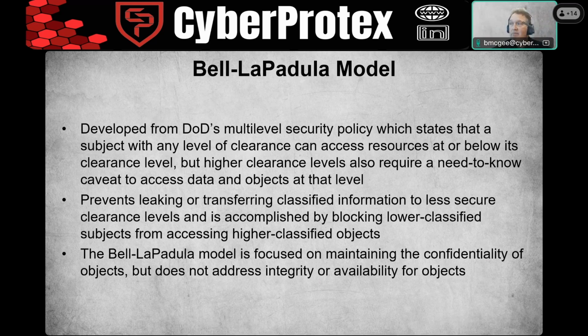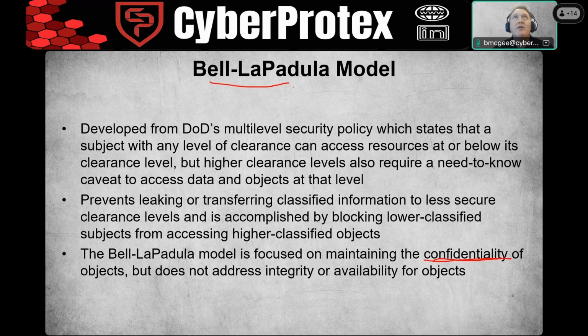It ensures that the information flows in a manner that doesn't violate any system policy. And the primary thing to remember is this right here: it is a confidentiality model. Confidentiality.